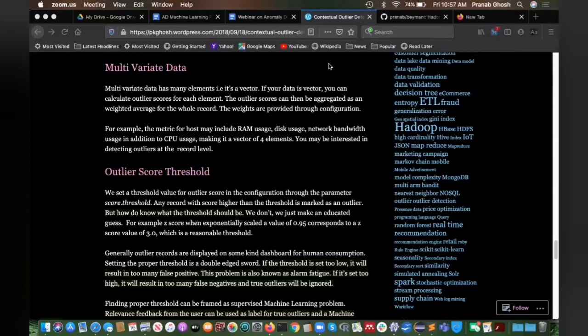There's another question from Lata: how does outlier detection help in patient monitoring? It depends on the kind of data you have. You have to do some exploration before you can figure out what algorithm to use.